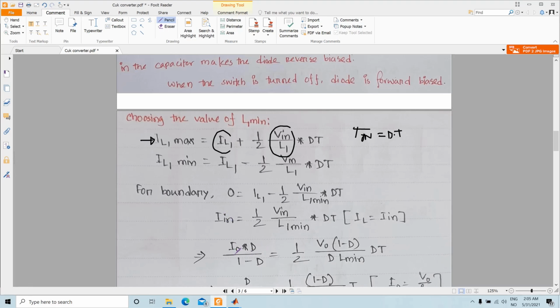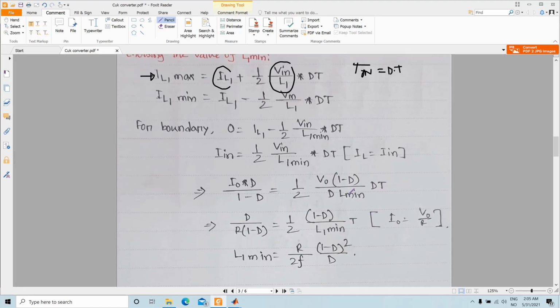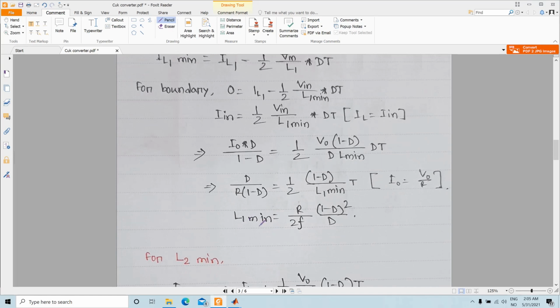So you replace I in with the relationship with I out and duty cycle. You replace V in with V out and duty cycle here, and then you do the manipulation, and you end up with the L1 min equation, which says that L1 min should be this value.